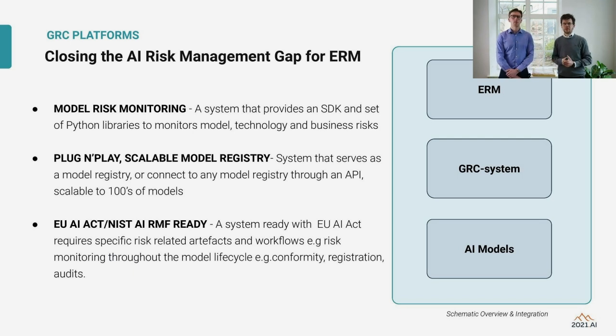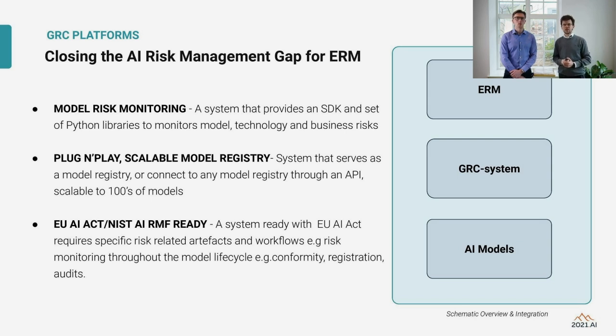So, closing the risk management gap in enterprise risk management. The way we see it is that we'll typically have some enterprise risk management software already in most of the large organizations. And on the other hand, we have AI models operated in various types of departments in that organization.